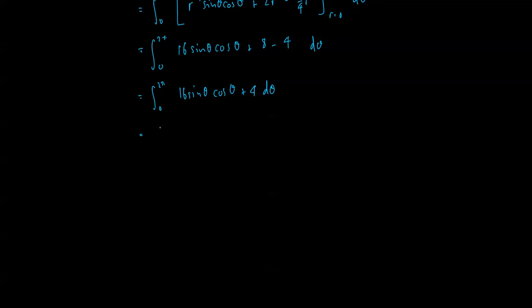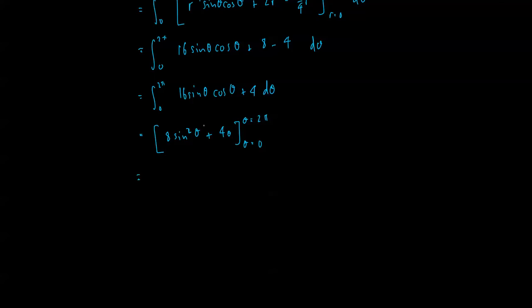Since cos theta is the derivative of sine theta, it's going to be 8 sine squared theta plus 4 theta, from theta equals 0 to 2 pi. Make sure you're comfortable with integrating trig functions.